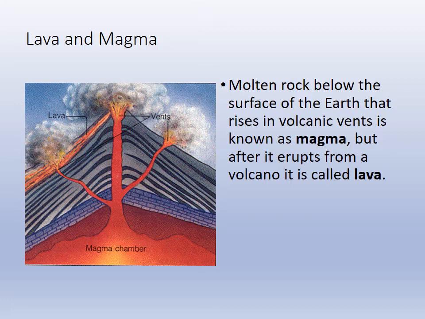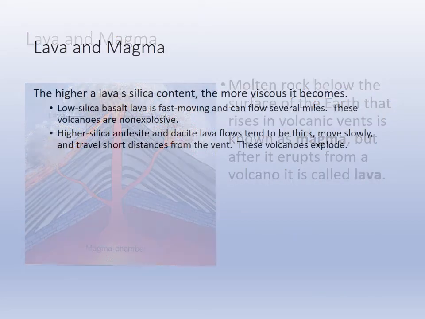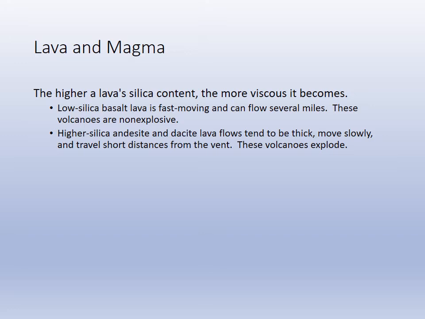Lava is magma that reaches the surface. Notice this image, you can see steam and volatiles venting off. So lava has a different composition than magma, although they come from the same thing. Low silica basalt found on the ocean floor is fast moving and flows.